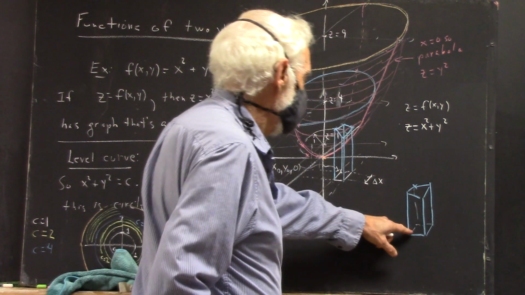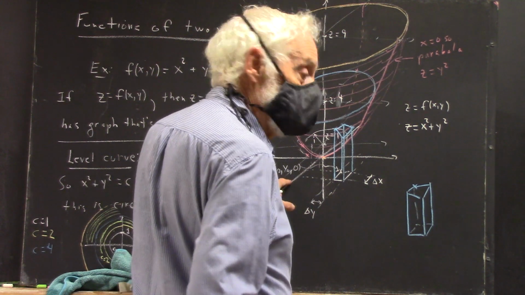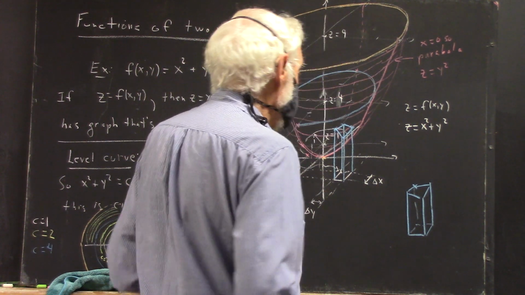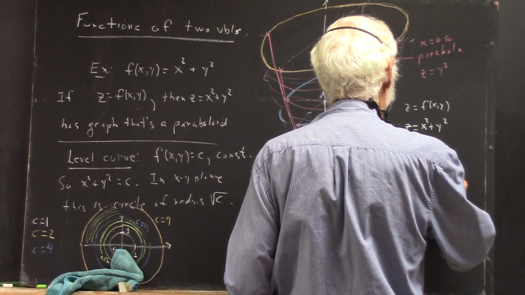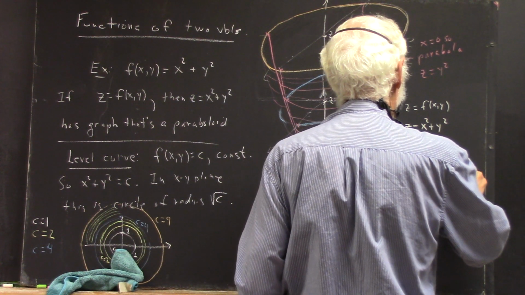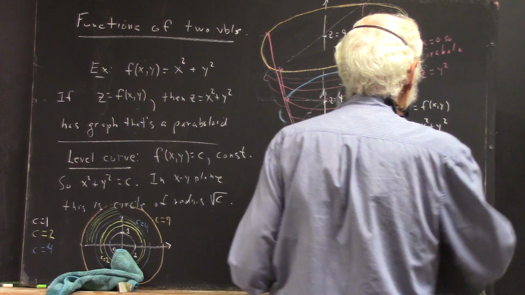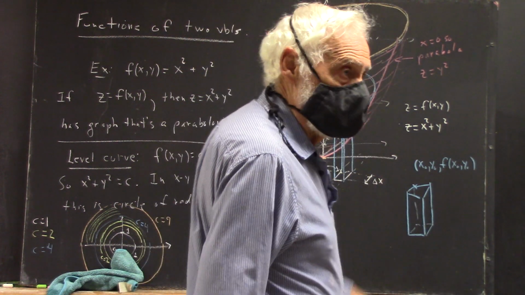This point corresponds to x coordinate x naught, y naught, right? So its coordinates are x naught, y naught, f of x naught, y naught.